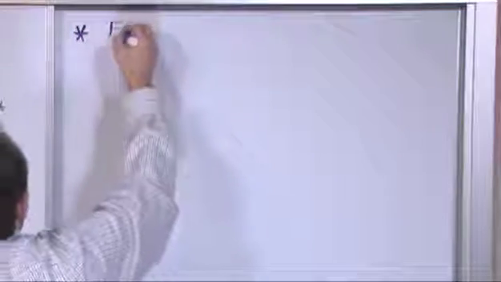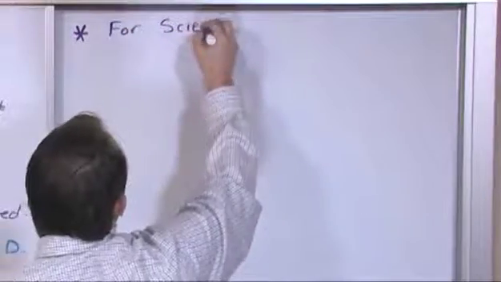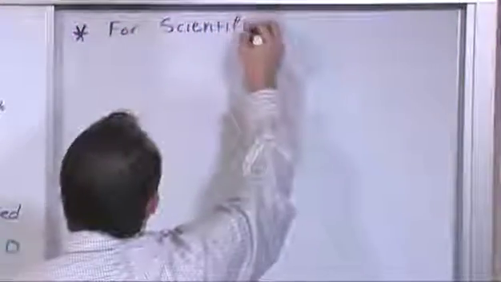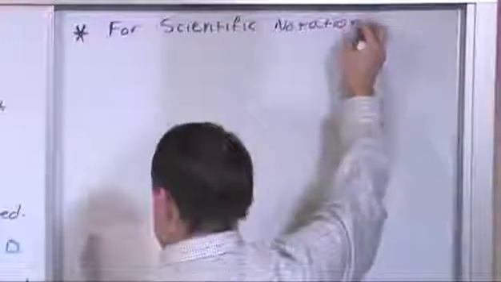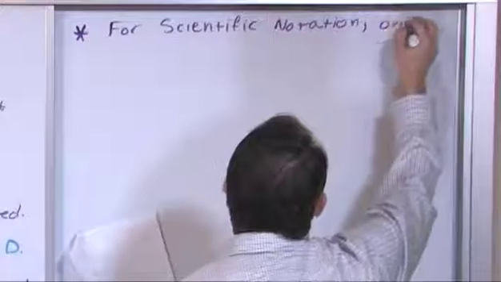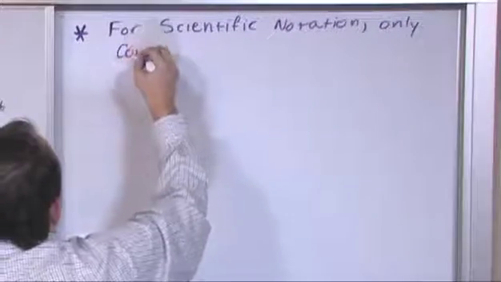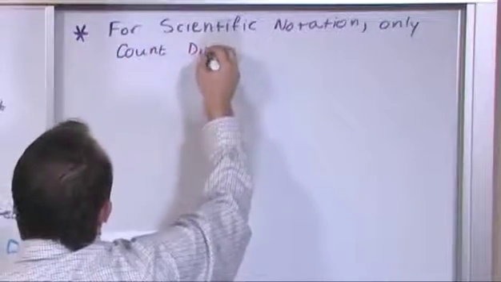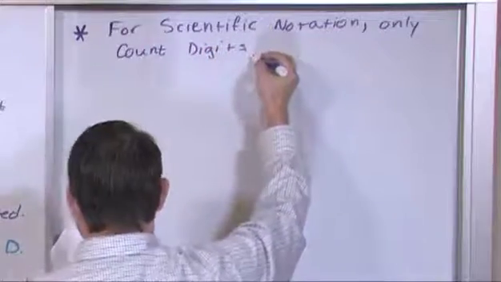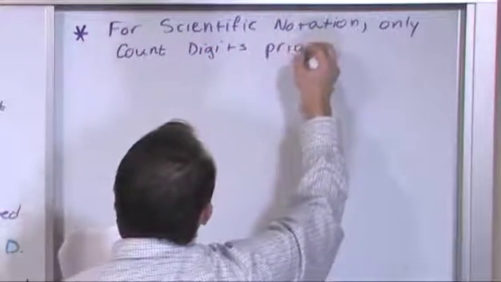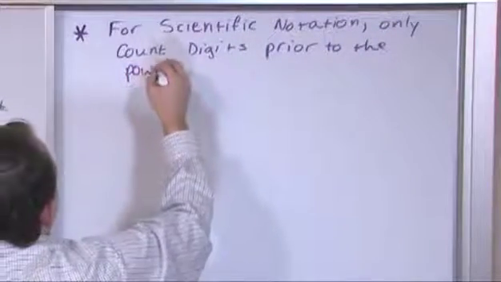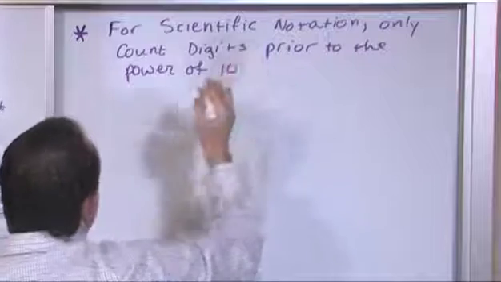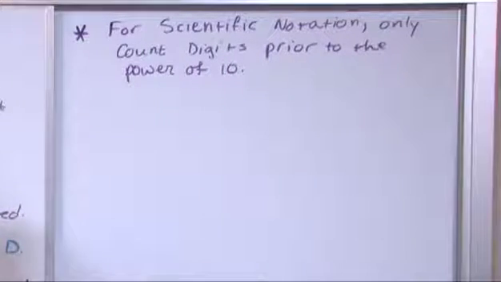For scientific notation, which you're going to use a lot in this class, only count the digits prior to the power of 10. You know, scientific notation is always going to have that.